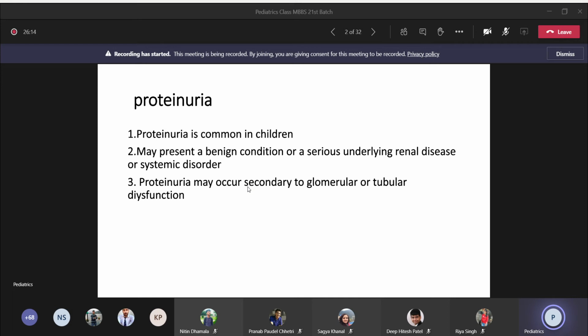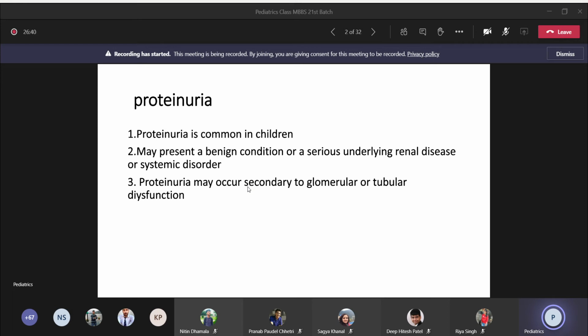It may present as a benign condition, or sometimes it might be an underlying renal disease, systemic disease. The third one is that proteinuria occurs secondary to glomerular or tubular causes.